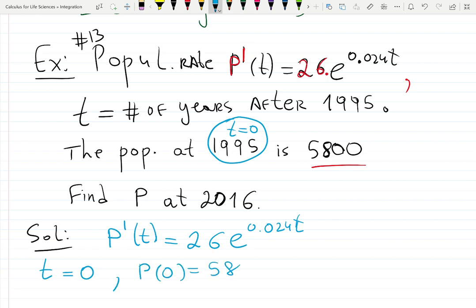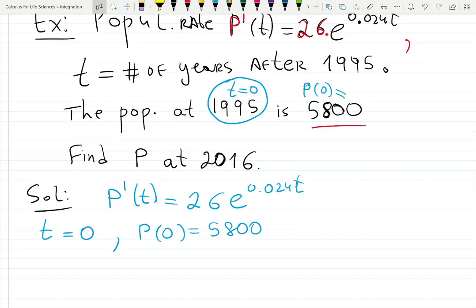Do you all agree? P at 0 is given. And then they ask us to find P at, now I have to calculate, what is my t in 2016? Which one? 21, thank you.